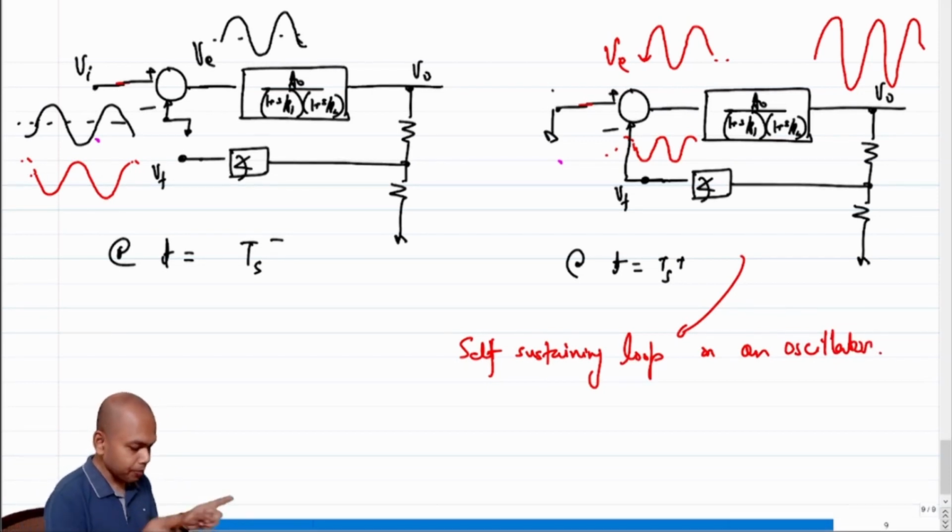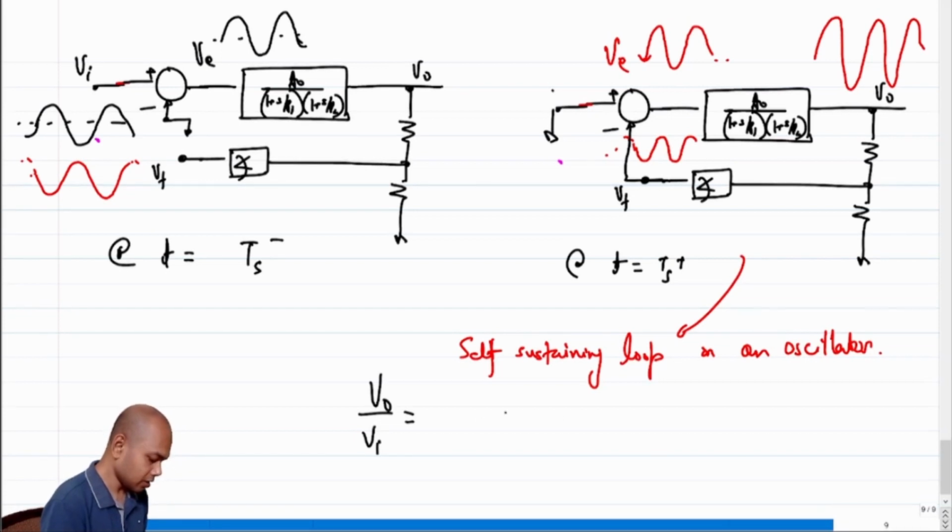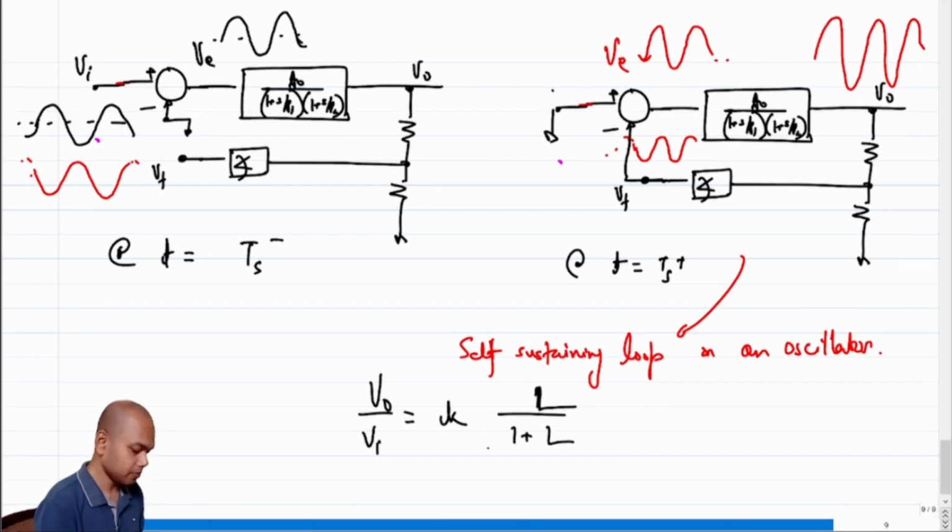Okay, so your feedback loop can become an oscillator, right, if you get into this condition of loop gain, magnitude of the loop gain is equal to 1 and your phase is 180 degree, right? So in other words, what I'm trying to say is, this is something that those of you who have taken control theory courses will know. So what is our V naught over Vi? V naught over Vi is some gain, ideally the gain of k by L by 1 plus L, right?